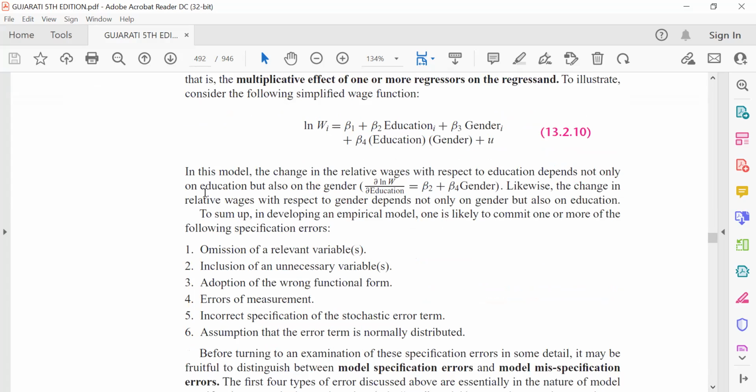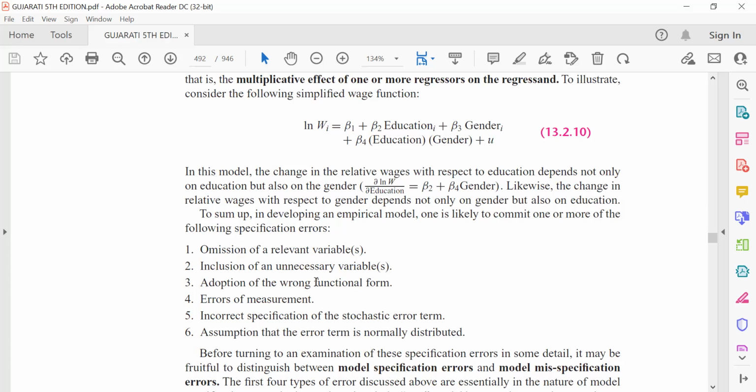These are the following specification errors. First, omission of a relevant variable. That means we drop a variable that is very important for our model, so it becomes an omitted variable. The second one, we include irrelevant variables. This can also cause a specification error.